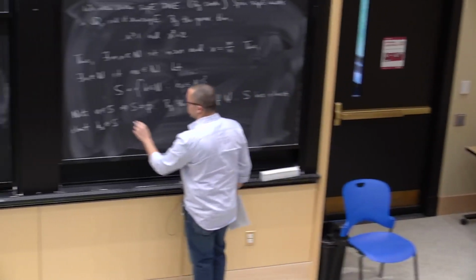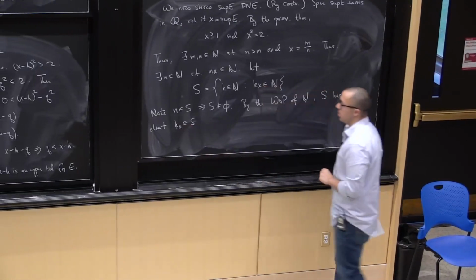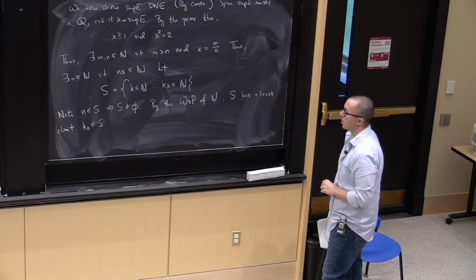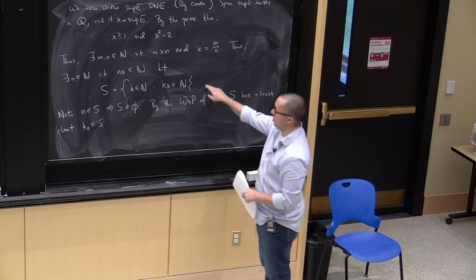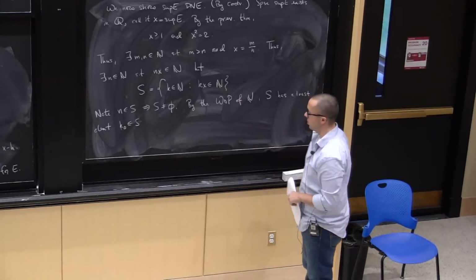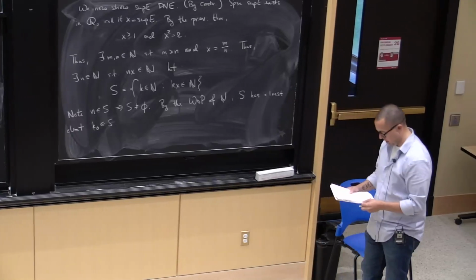So what I'm going to show is that, in fact, this little guy, K0, is not the least element of this set S, which would contradict exactly how it's defined.